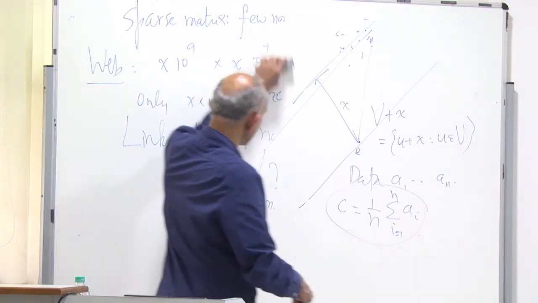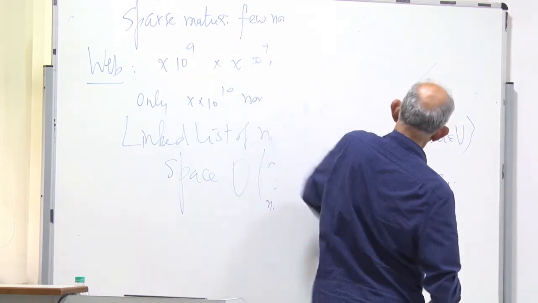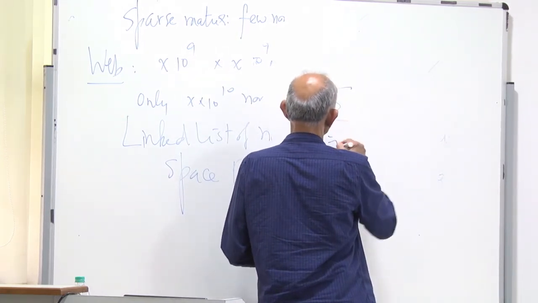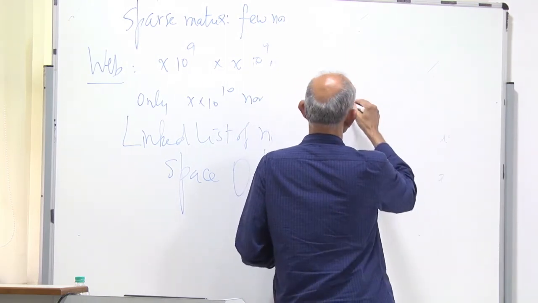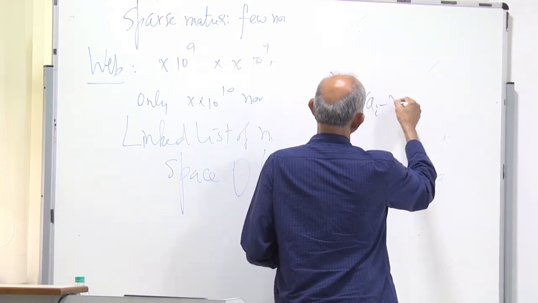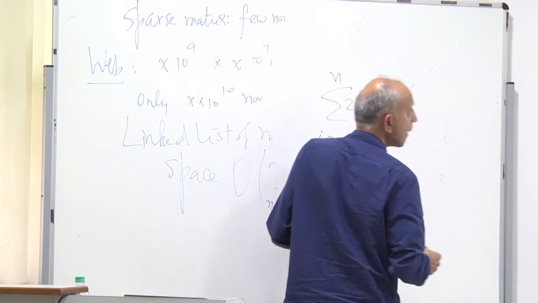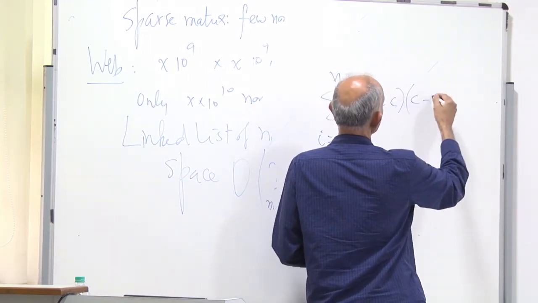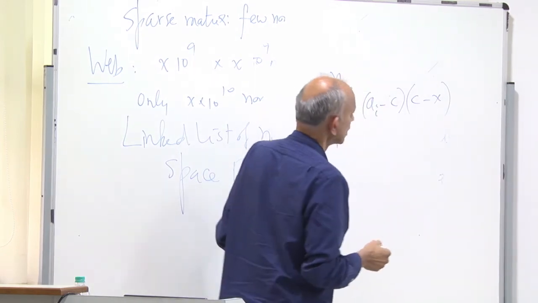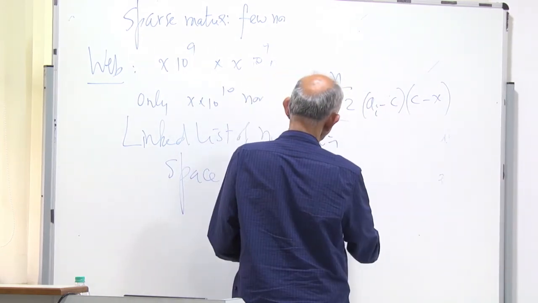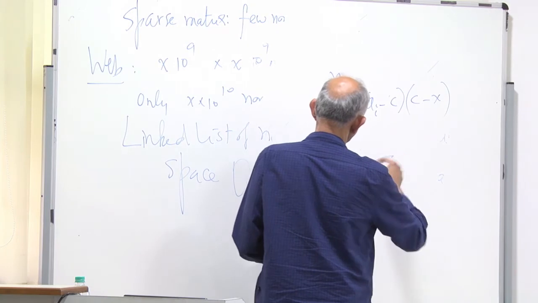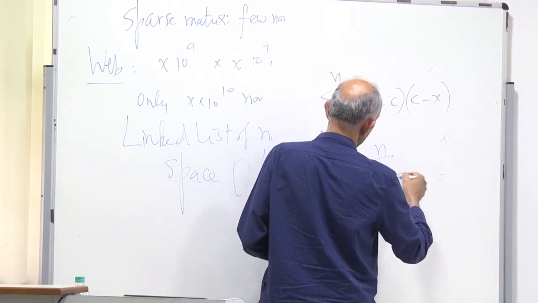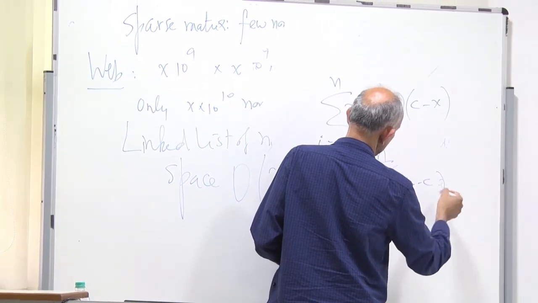So there'll be 3 terms when I expand the whole square. I'll also get a term, sum over I equals 1 to n, of twice AI minus C times C minus x. This is 0 because C minus x comes out as a constant, independent of the AI. 2 also comes out. Sum over I equals 1 to n of AI minus C is 0.